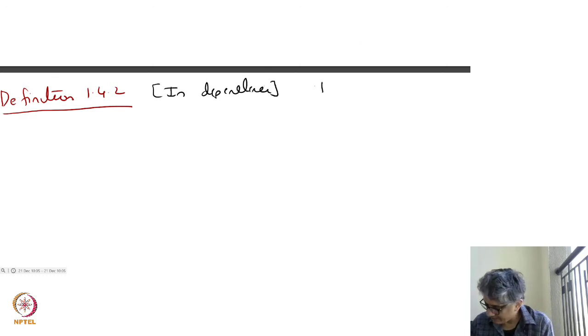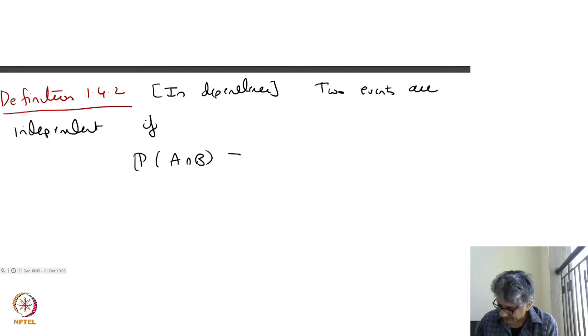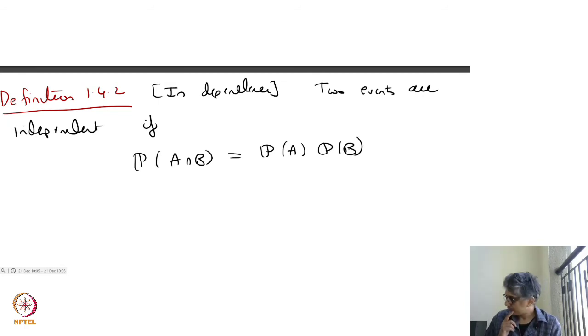We say two events are independent of each other if the chance of A and B is the chance of A times the chance of B. So this is the definition of independent.